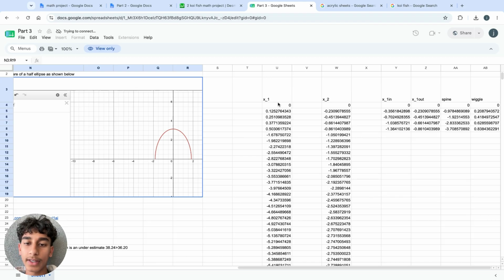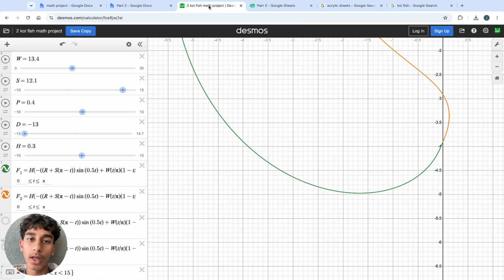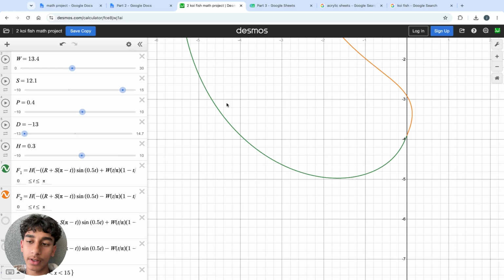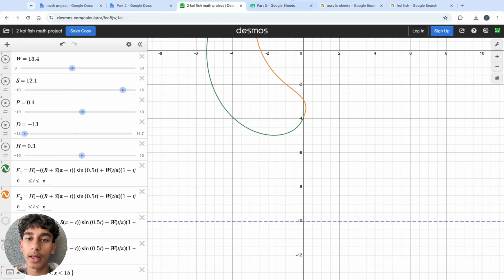And then we added this to the full domain of the x, and then we took the y value at each point for x1 and x2, where x1 represents the outside area of the spine, and x1 or x2 represents the yellow part.